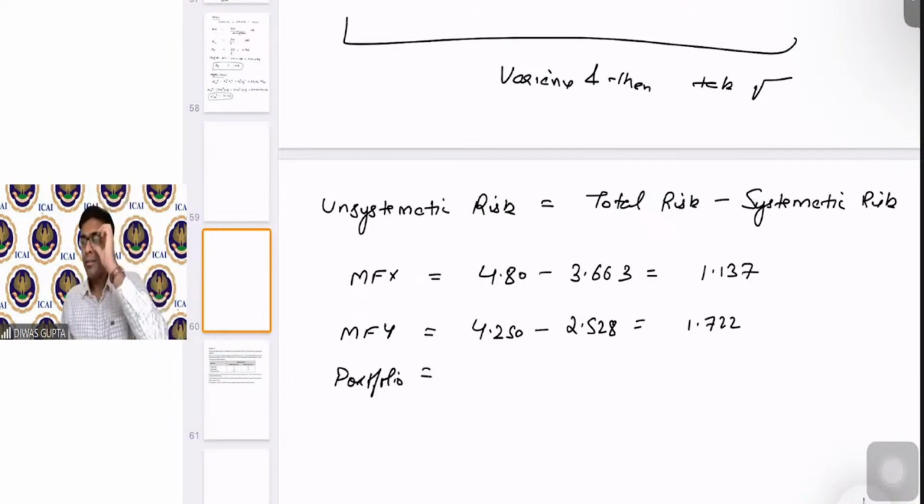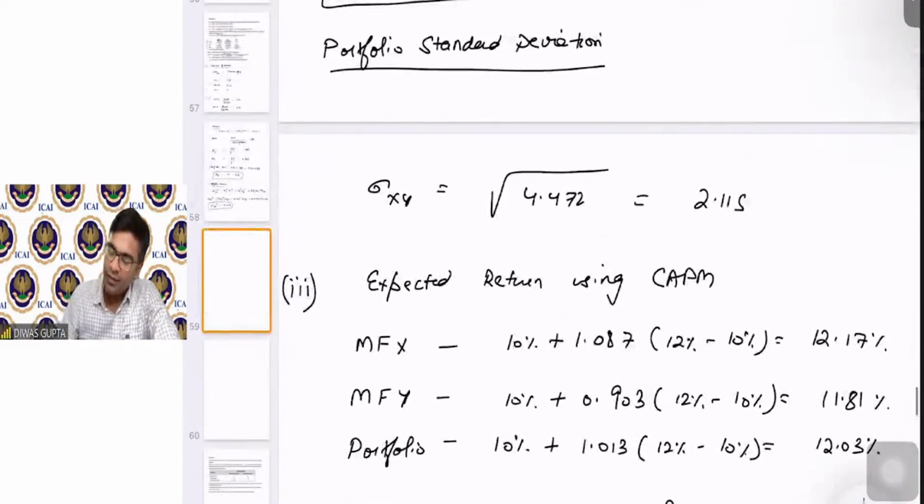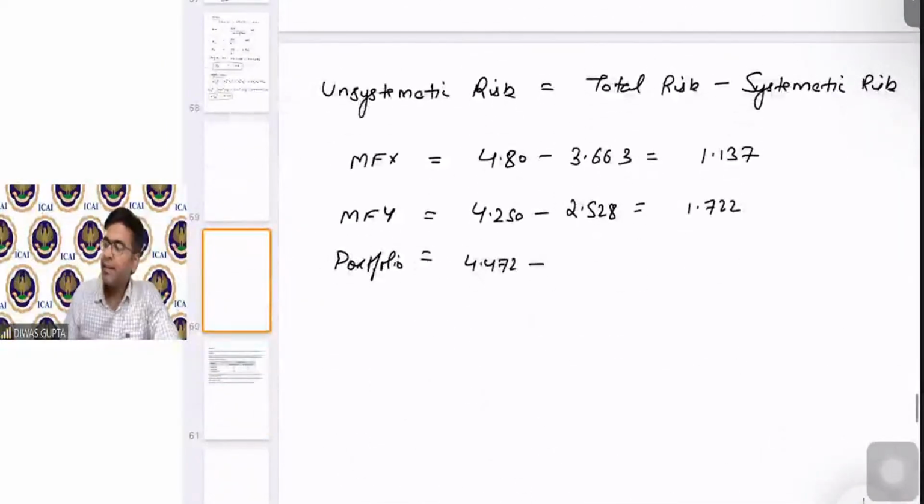Portfolio is, so this portfolio total risk, students, sorry, is coming from the number that we have calculated above. Okay, this one, the portfolio variance minus the systematic risk of portfolio.